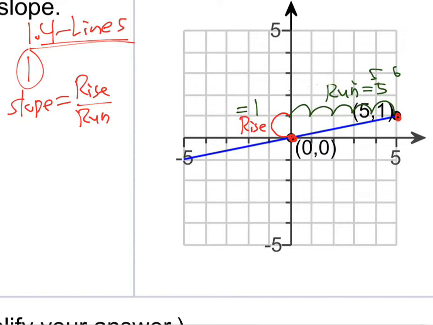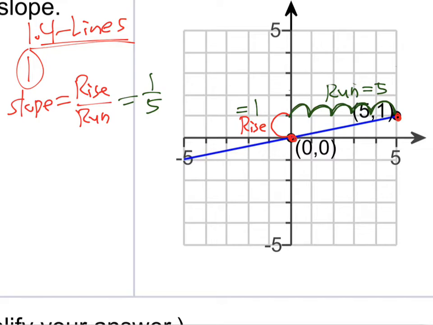We're counting jumps. So it goes up 1 jump and over 5 jumps. Its rise is 1, its run is 5. So 1 over 5. The slope of that line must be 1/5.